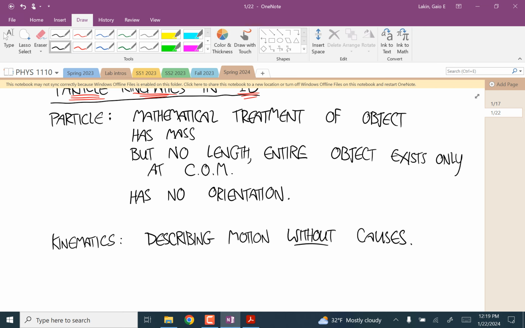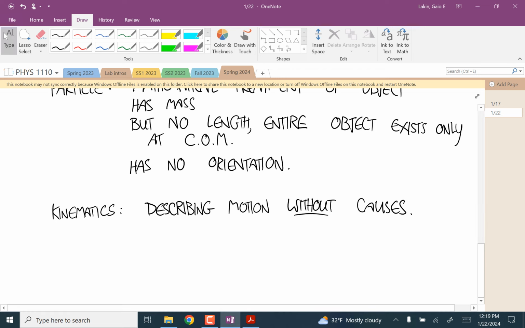What you're not doing with kinematics is figuring out what the force was that was required for the bat to hit the ball to make it do the thing. Okay, so you're just tracking this motion.